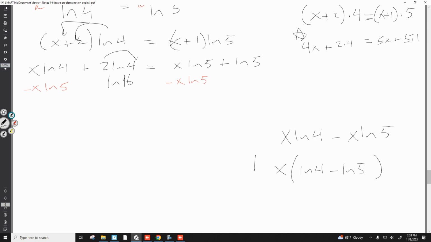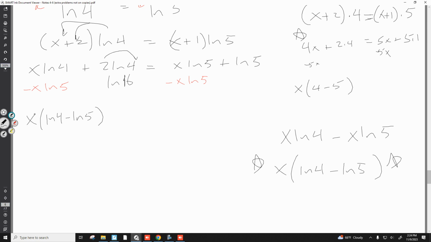What did I just do? I just essentially factored out the x, or if you have 4 x's and you subtract 5 x's, you have 4 minus 5 x's, right? If I have x ln 4 and I subtract x ln 5, I will have ln 4 minus ln 5 x's.